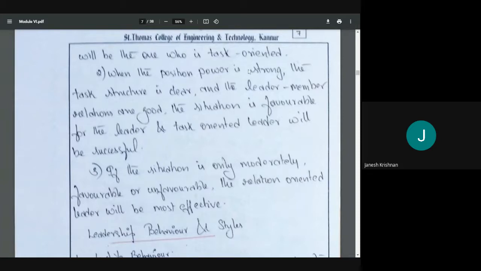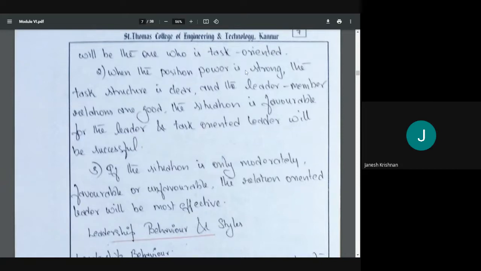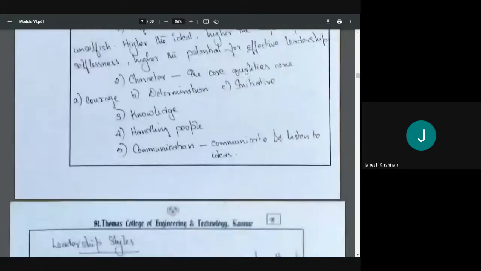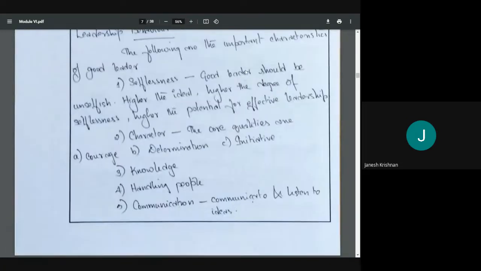The next topic is leadership behavior and style. So how should a leader behave? What are the important characteristics of a good leader?